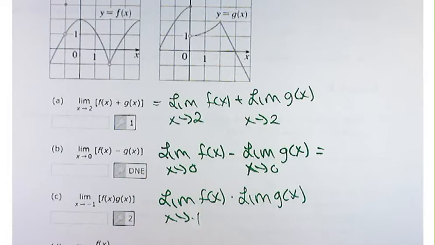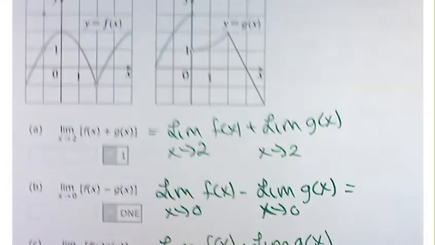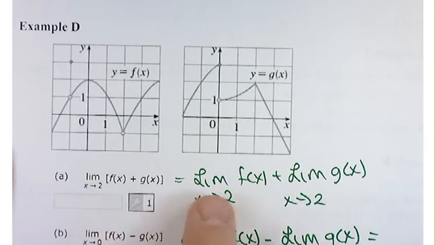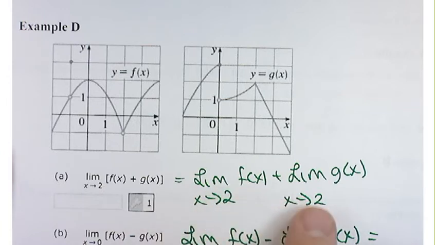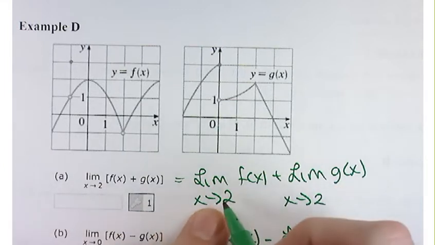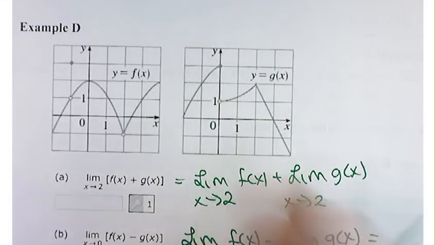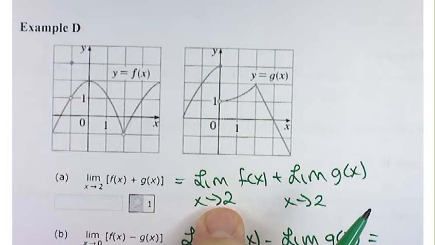But let's take a look at the first couple of these. So I broke this up into two limits. Limit as x approaches 2 of f of x, and limit as x approaches 2 of g of x. So let's take a look at this first part. As x approaches 2, well, it's not enough to just do this limit as x approaches 2.